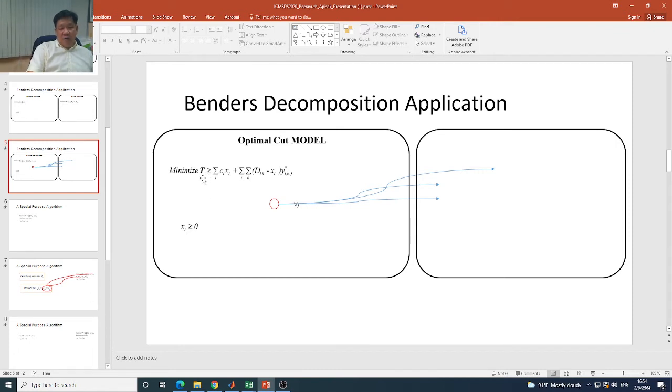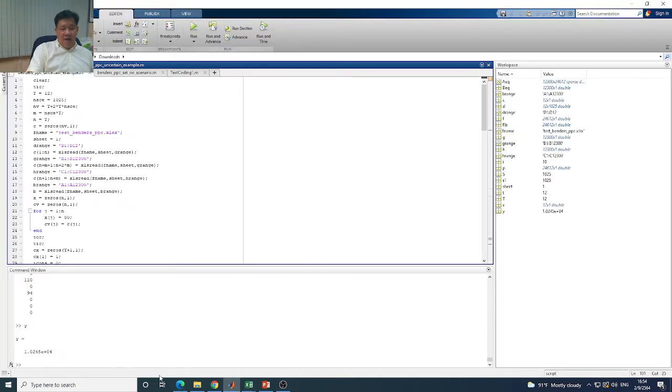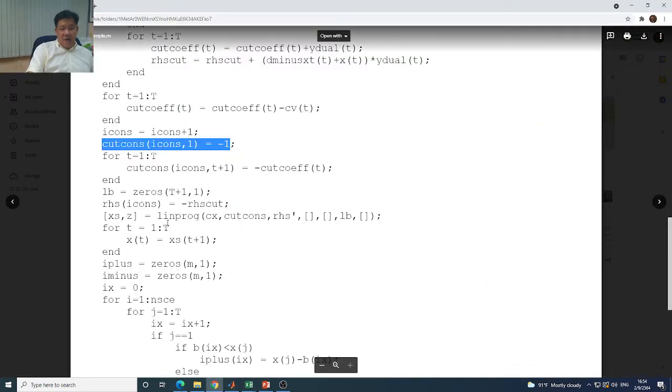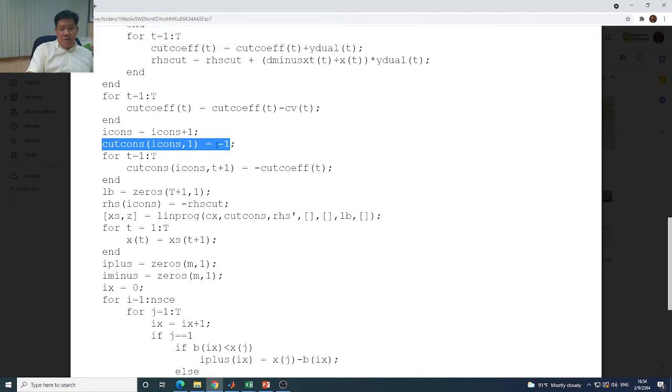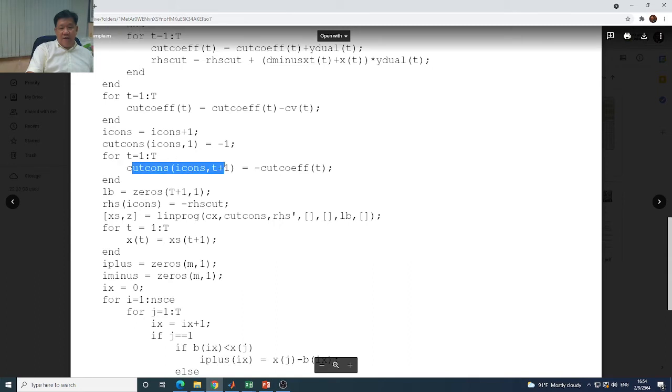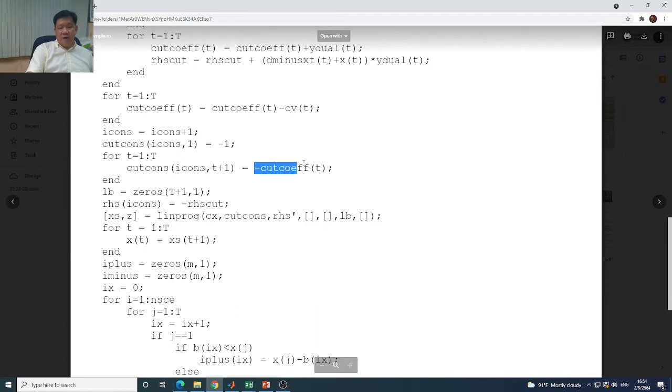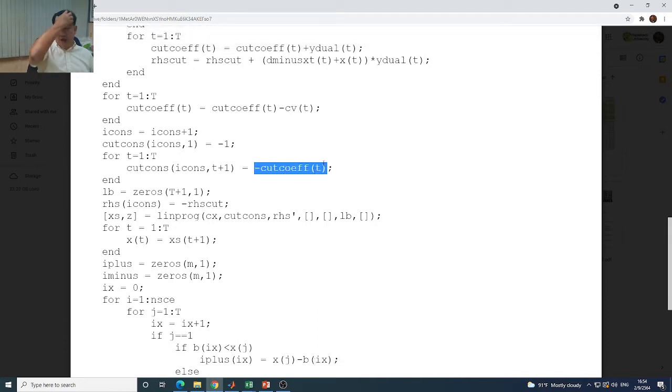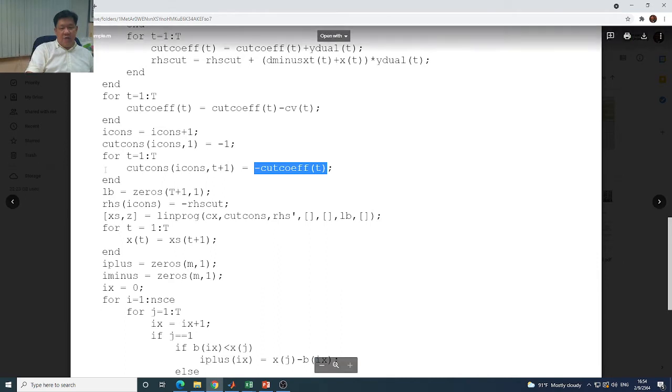Therefore, for all t here, when they move to the left hand side, it becomes -t, and that's why this has to start with the first column as -1. And for all the cut constraints, since we computed based on greater than or equal here, you need to reverse the sign when you move to the other side to make it a less than or equal inequality. So this is the logic of this line.